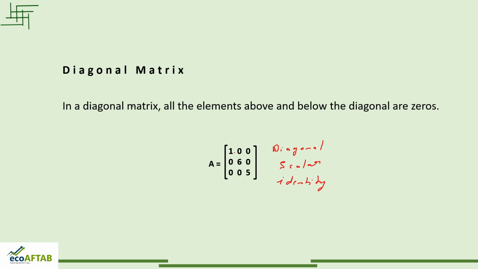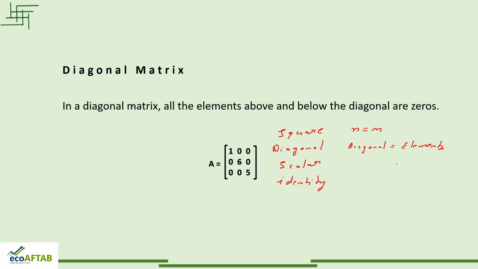identity matrix, and as all the rows are equal to columns, it is called a square matrix. So, in a square matrix, n is equal to m. In a diagonal matrix, in the diagonal we are having elements and all other elements are 0 apart from the diagonal.